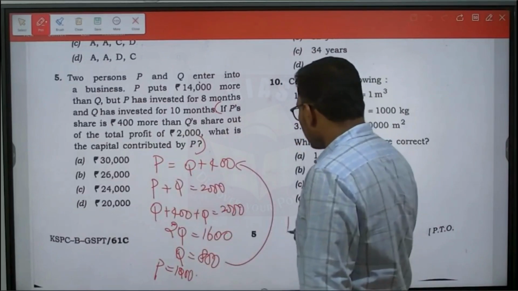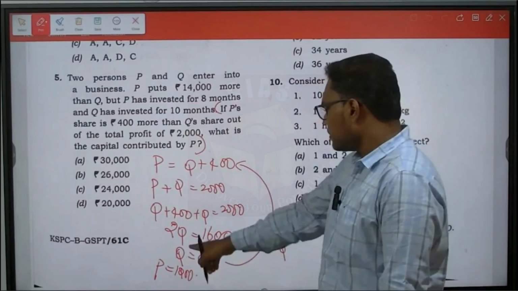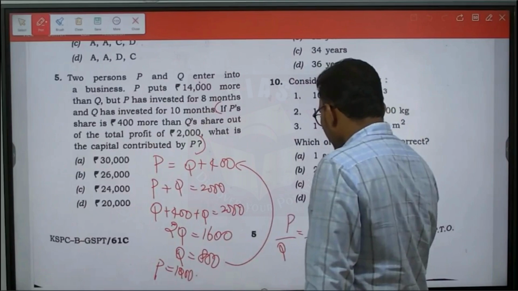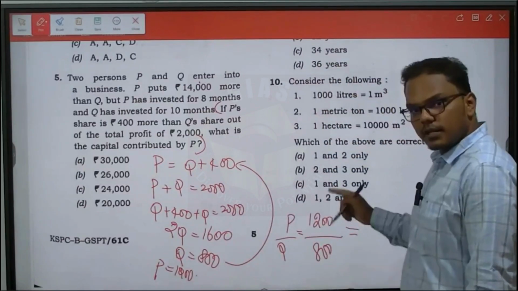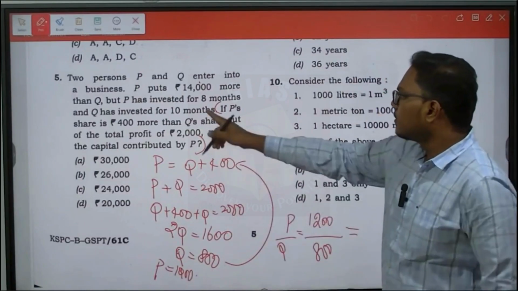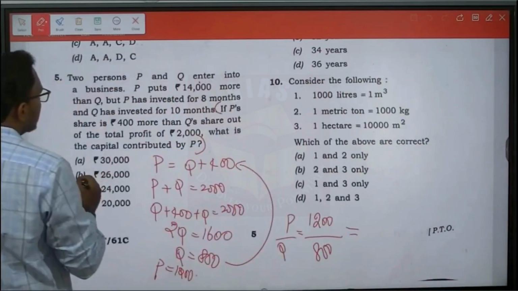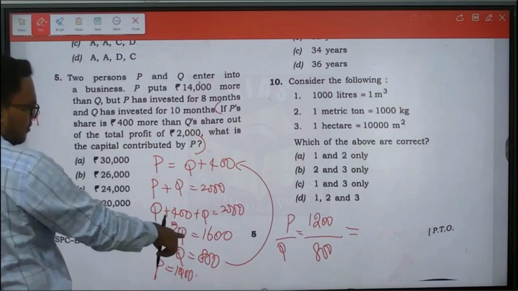So now P by Q. The profit for P is 1200, and the profit for Q is 800. This ratio will be the same as the ratio of the capital they have invested. We'll take small p for capital, since we have taken P for profit here.